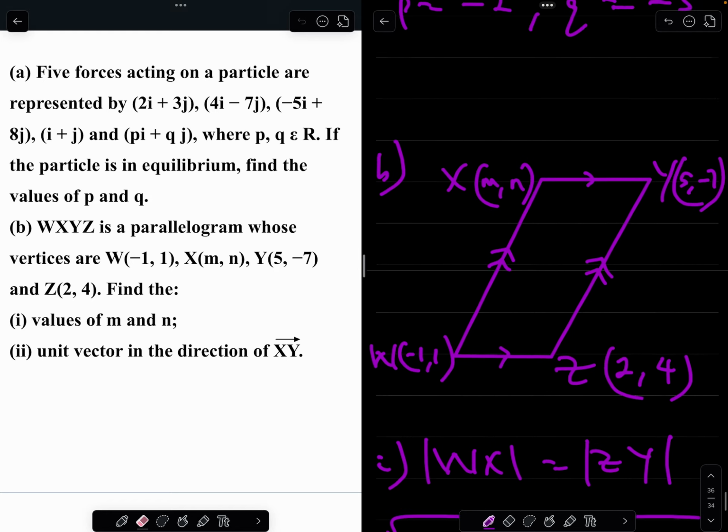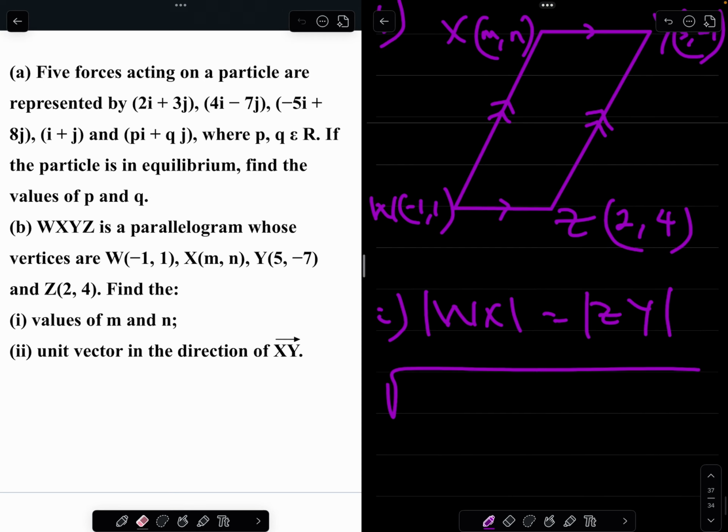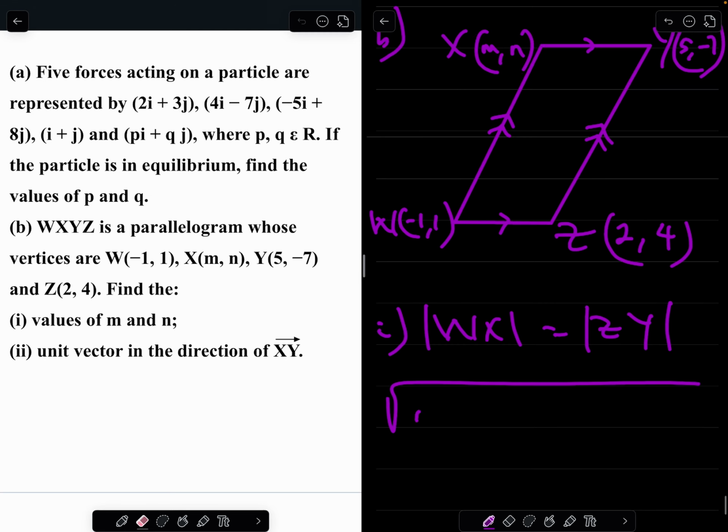This is just the concept of distance between 2 points. I can say m minus minus 1, all squared, plus n minus 1, all squared.